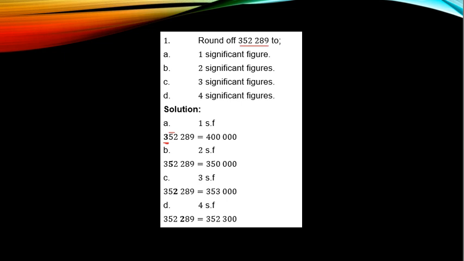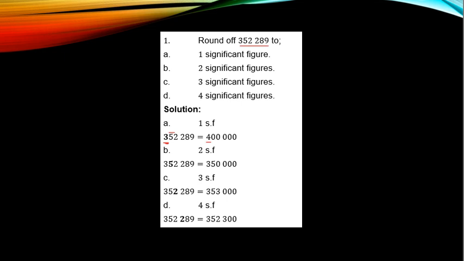So if you round 5 up to 1, you add it to 3, it becomes 4. And every other digit from 5 becomes 0. So it means that in this number, we want to see one non-zero number from the left while the others are 0. So you have 400,000.